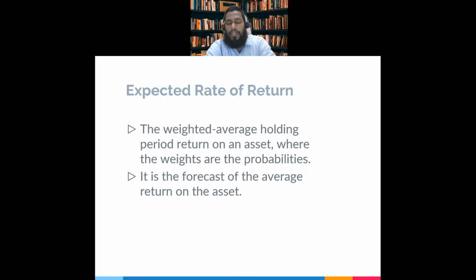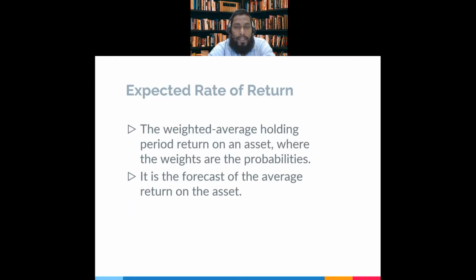Okay, so once we have learned the holding period return, we also need to calculate the expected rate of return. As we know, all investors are risk averse, meaning they want to get the highest return while taking the minimum amount of risk.